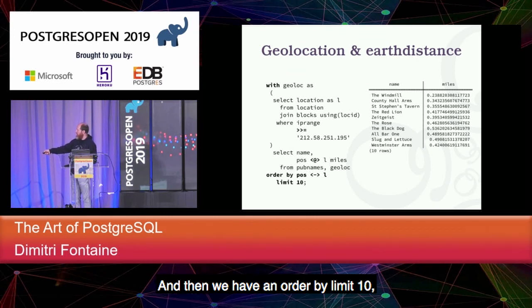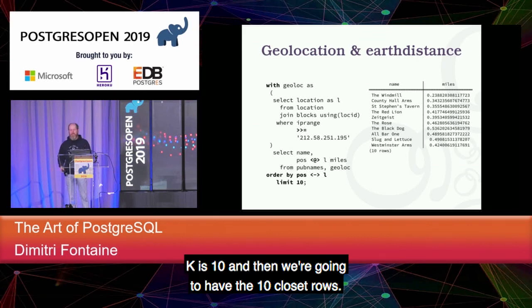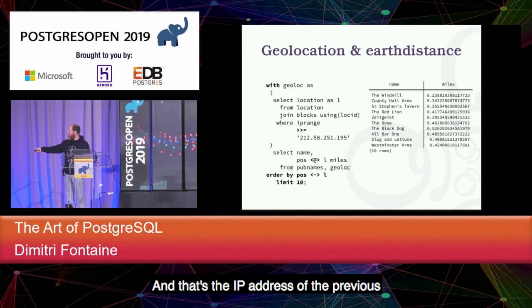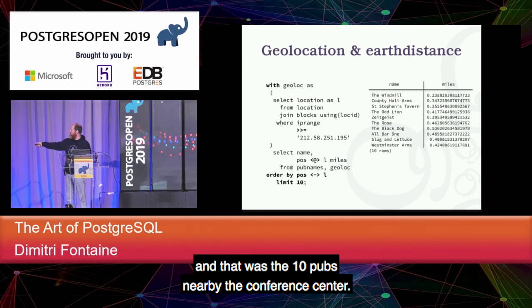And then we have an order by, limit 10. It's called the KNN, where K here is 10, and then we're going to have the 10 closest rows. That's the IP address of a previous conference for PostgreSQL that happened to be in Dublin, and those were the 10 pubs nearby the conference center.